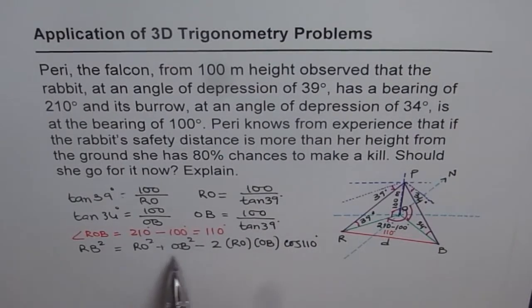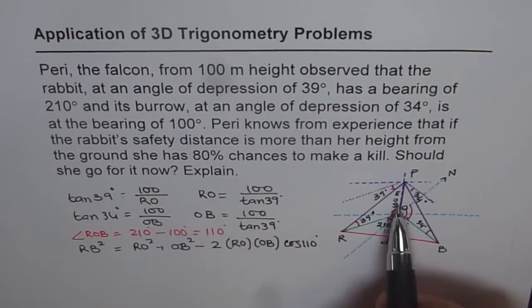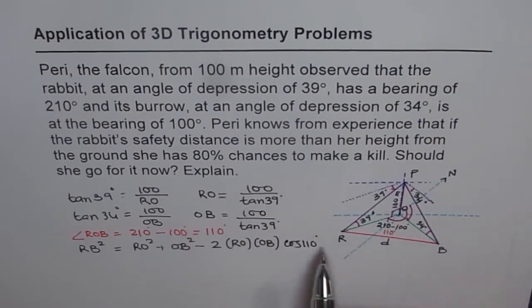Now do the square root and find the answer. If that distance is more than 100 meters, in that case, Perry should make a kill. That is how you need to explain this question. So these are the 3-4 steps you have to do to solve this question.